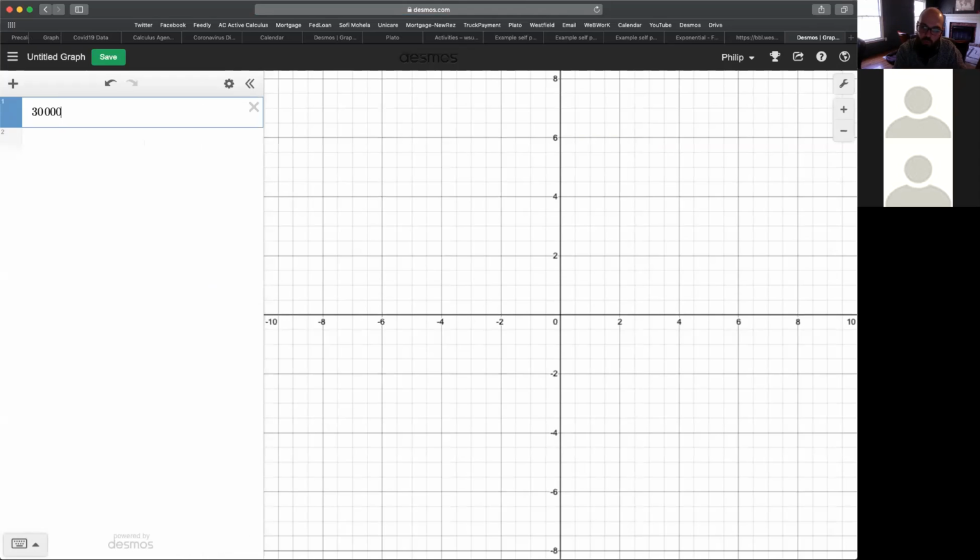We want 5.2%. So how would we get exactly 5.2% of 30,000? Carrie, do you have any ideas what you would think about? So we have this 5.2% that we're thinking about.